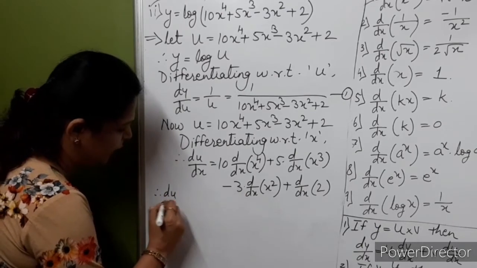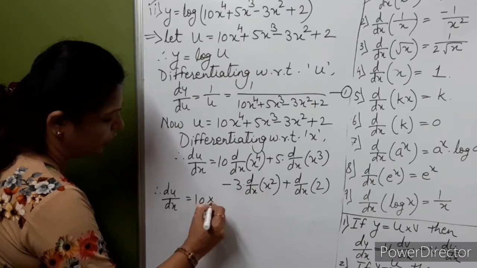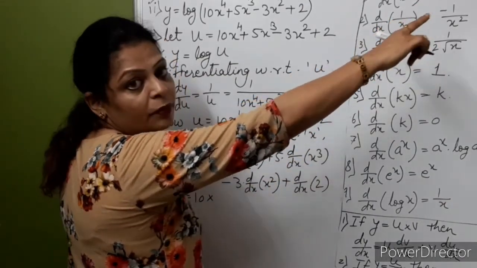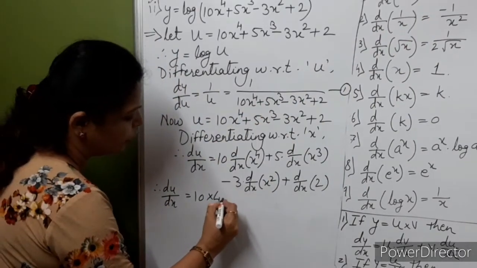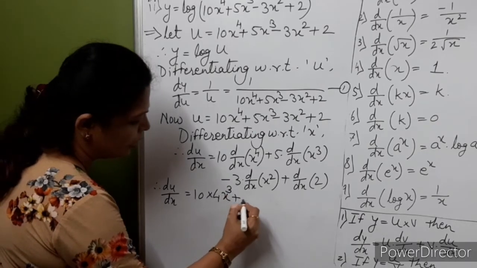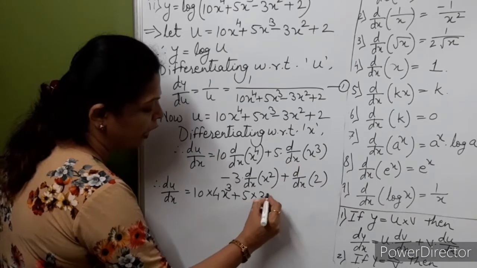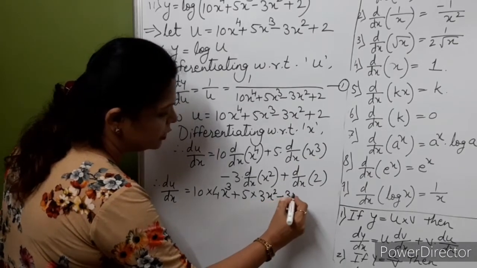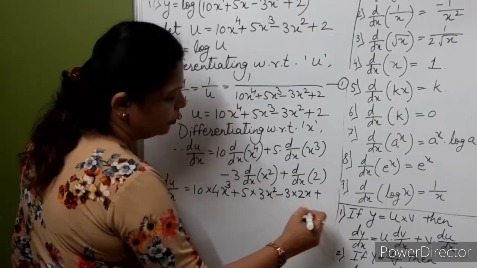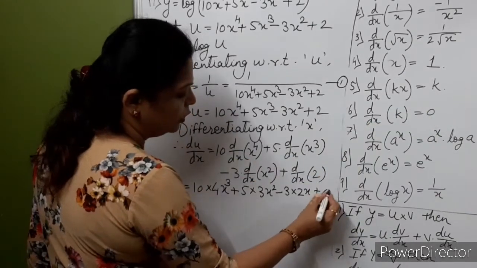Therefore du by dx is equal to 10 into, what will be the derivative of x4? The first formula, n into x raised to n minus 1, that is 4 into x raised to 4 minus 1, that is 3, plus 5 into the derivative of x cube, that is 3x square, minus 3 into the derivative of x square, that is 2x, plus the derivative of 2, that is a constant, so 0.